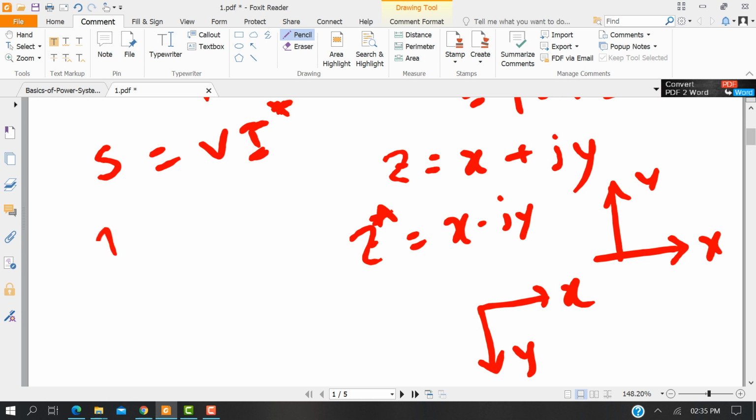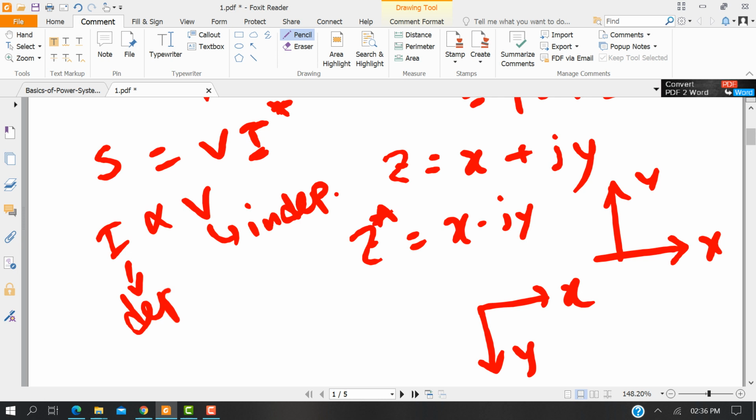according to Ohm's law, I is proportional to V. V is the independent term and I is the dependent term. So if it is dependent, then you see that here the x is independent on the horizontal axis.